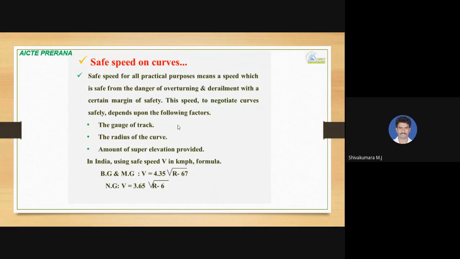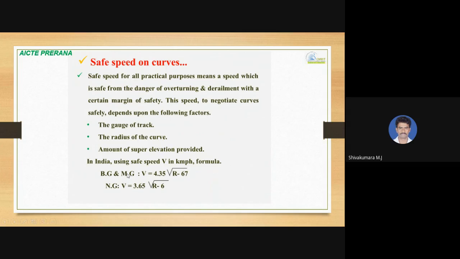And the safe speed on curves. Safe speed for all practical purposes means a speed which is safe from the danger of overturning and from the danger of derailment, with a certain margin of safety. This speed to negotiate curves safely is called safe speed, and it depends upon a few factors: the gauge of the track, the radius of curvature, and the amount of super elevation provided. For the calculation of this safe speed, you can use these formulas.